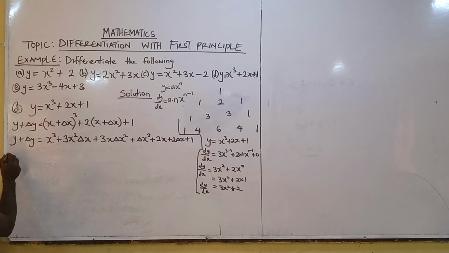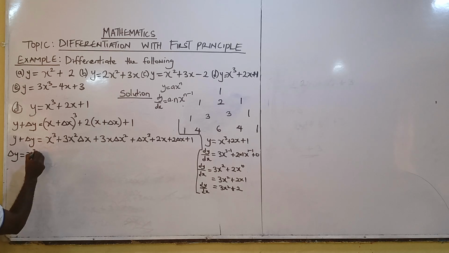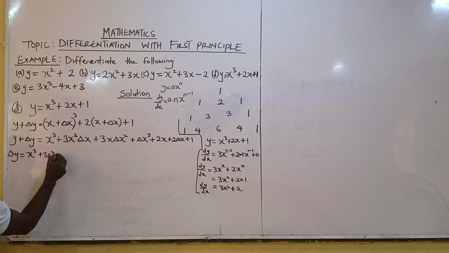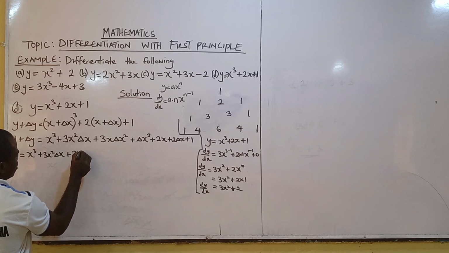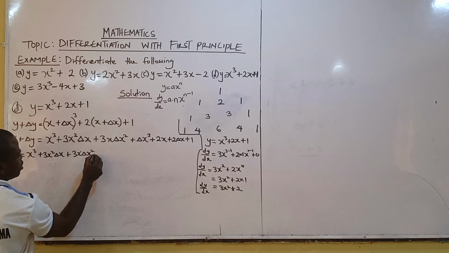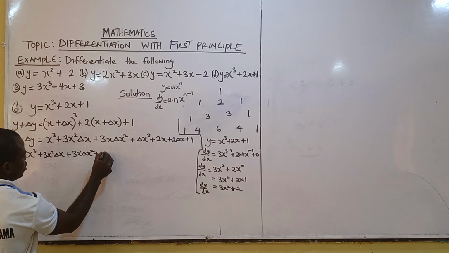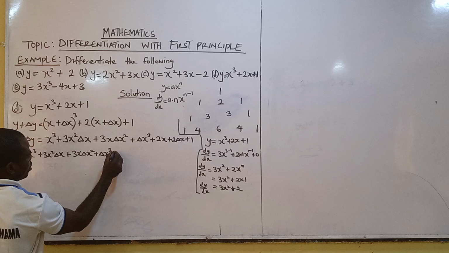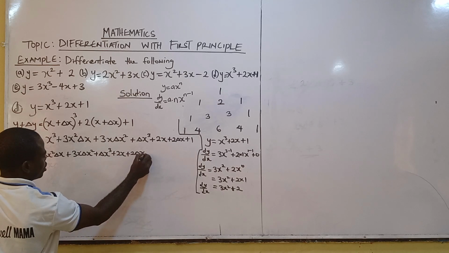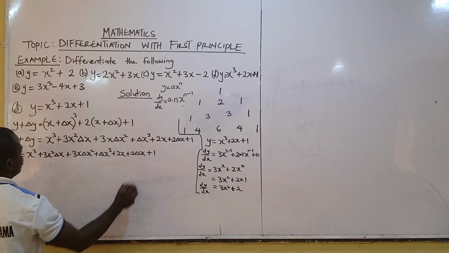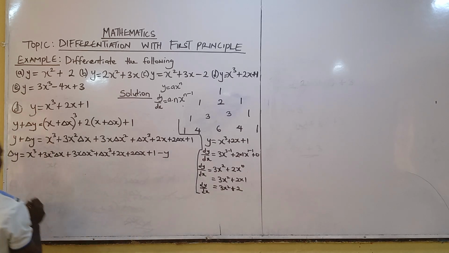Take y to the other side. dy equals x raised to power 3 plus 3x squared dx plus 3x dx squared plus dx to the power 3 plus 2x plus 2 dx plus 1 minus y.